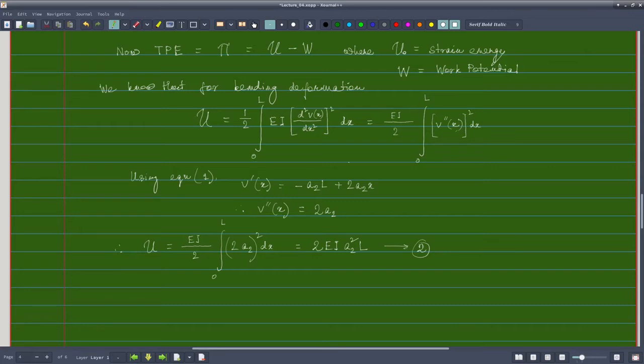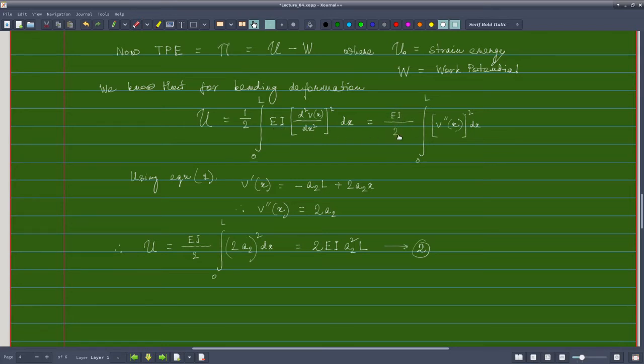So now, from our knowledge of structural mechanics, we know that potential energy for bending is given by half of EI, then the second order derivative of the deflection, squared, and this thing integrated over the whole length. Since our beam has a constant cross section and the material type is the same, this EI is constant, so we are taking it out.